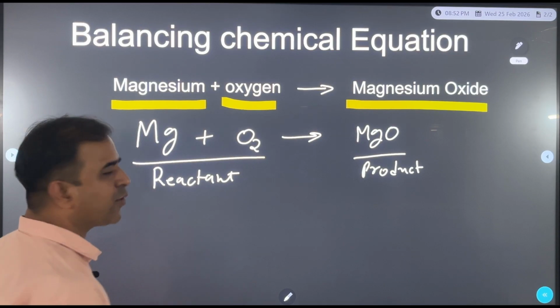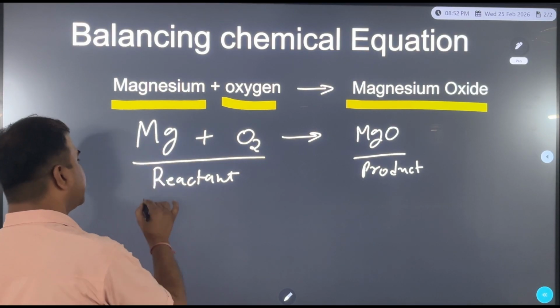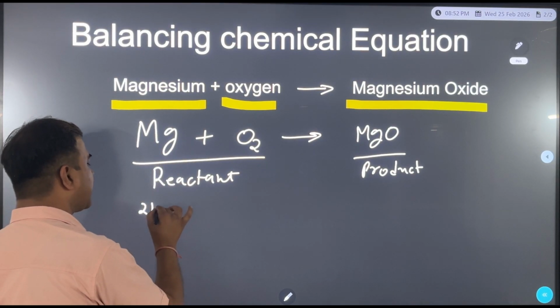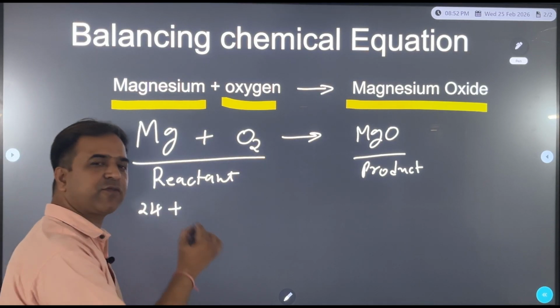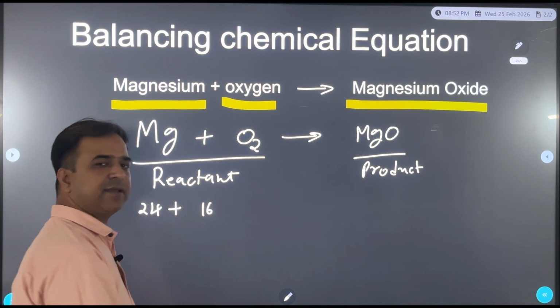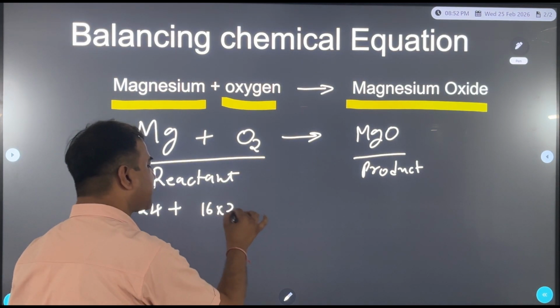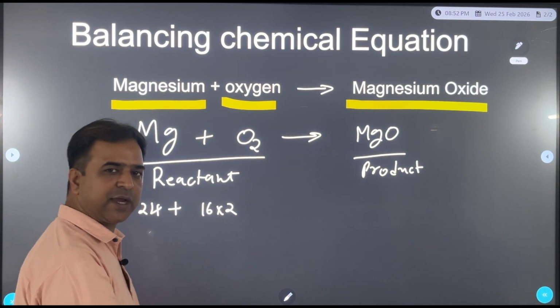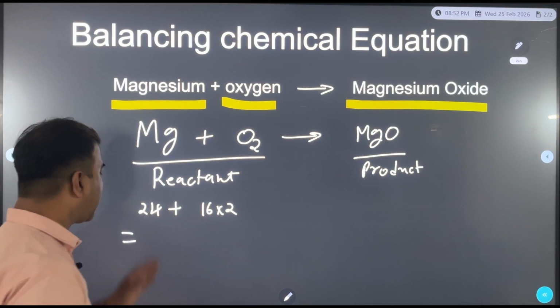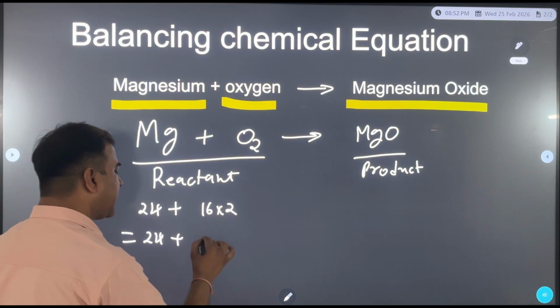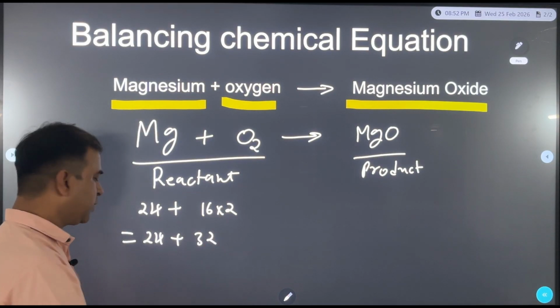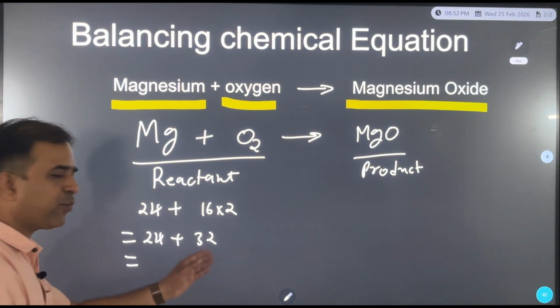So if you talk about mass on reactant side, for magnesium it is 24 plus oxygen, mass of oxygen is 16. Since it is 2 times, it is going to become 16 multiplied by 2. So in total, how much is it going to be? It is 24 plus 32, which is going to give you how much value?